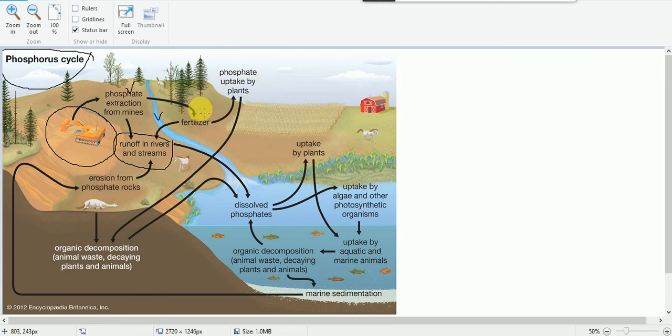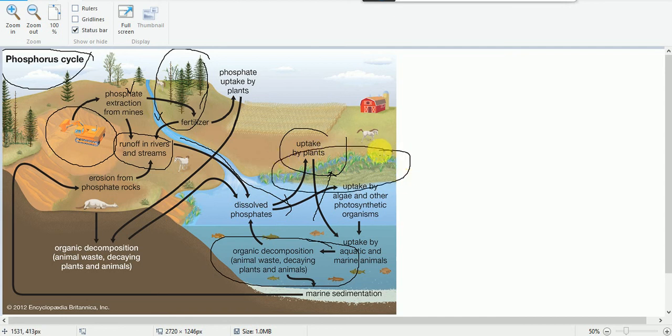It will be utilized by the trees and the plants, and some of the phosphorus will reach the sea, and this will be utilized by these marine animals. Some will be absorbed by the soil and will be utilized by the crops, and we will eat it, and when we are dead, then again we are returning the nutrients back to the earth.